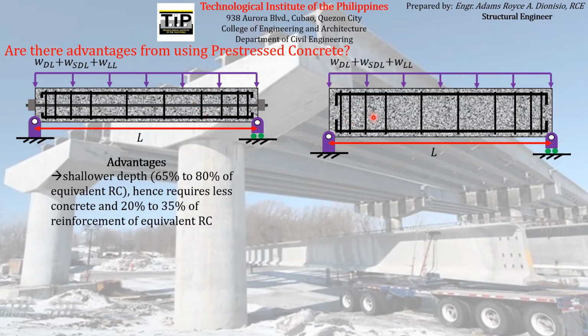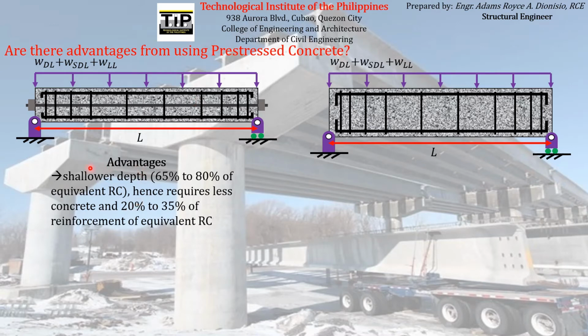They are both carrying the same magnitude of service load and same length. But if you compare the two, it requires a shallower depth for a prestressed concrete than a reinforced concrete.